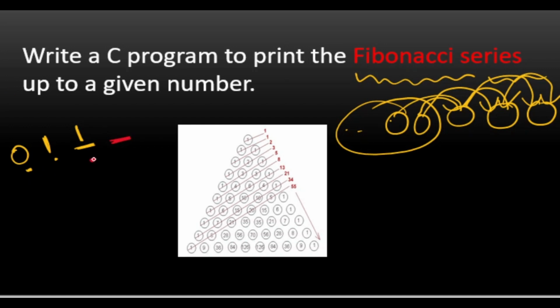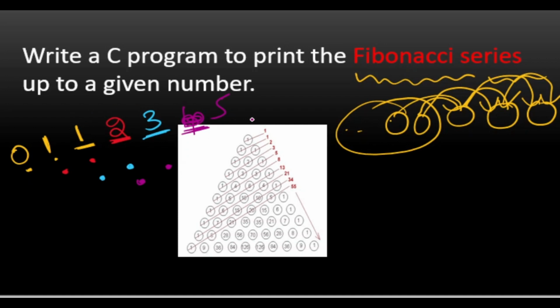Sum of the previous two terms. 1 plus 1, 2. And what is this term? Sum of the previous two terms. 2 plus 1, 3. And what is the next term? Sum of the before terms, 2 plus 3, 5.